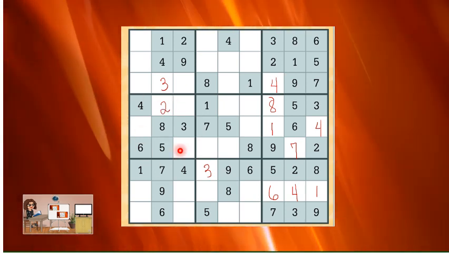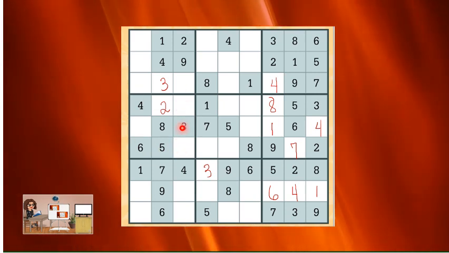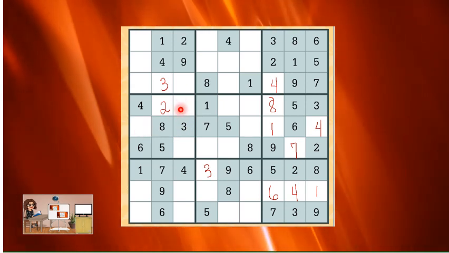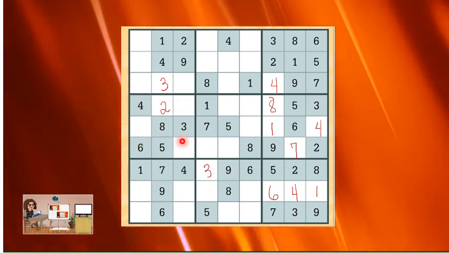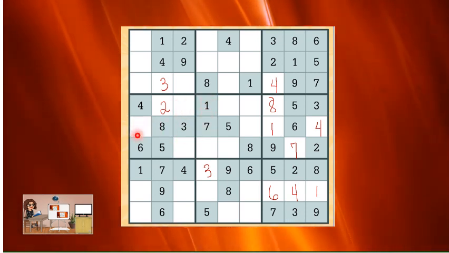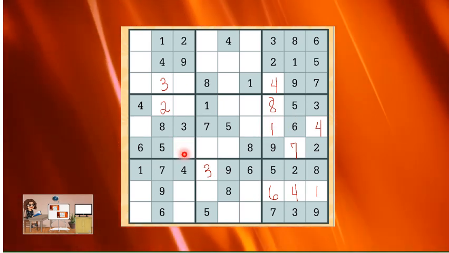In this 3 by 3 block, we don't have the number 1 here. So we have to place 1 in these cells. But we cannot place 1 here because of this 1. We also cannot place 1 here because of this 1. So therefore, 1 should be written here.